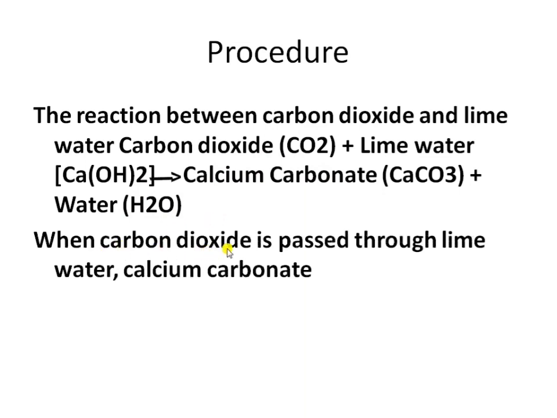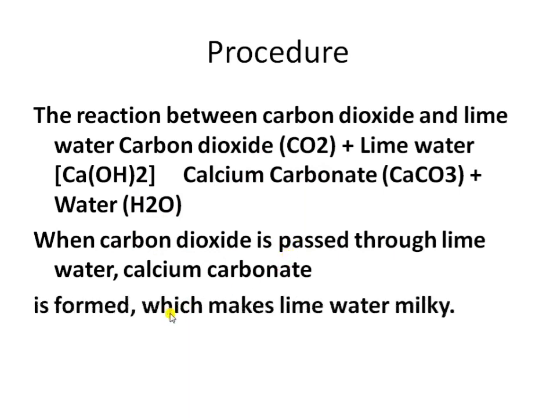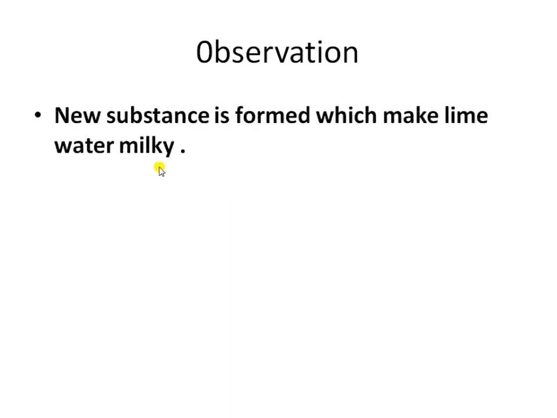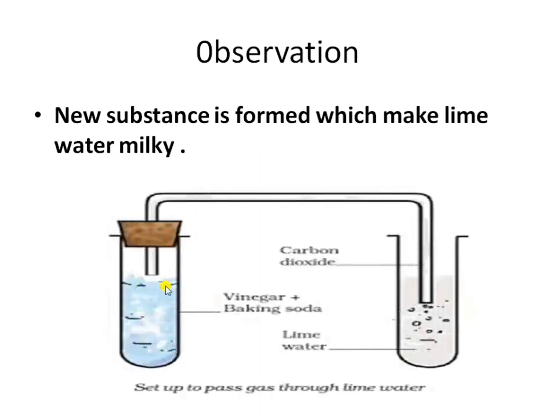When the carbon dioxide is passed through the lime water, calcium carbonate is formed, which makes the lime water milky. So the observation of this activity is that the new substance formed, which makes lime water milky, is calcium carbonate.